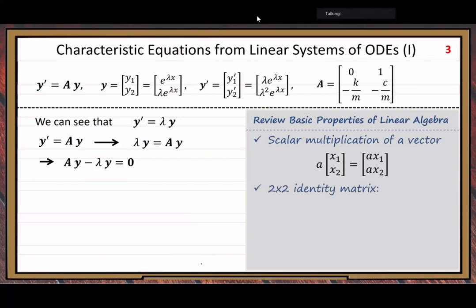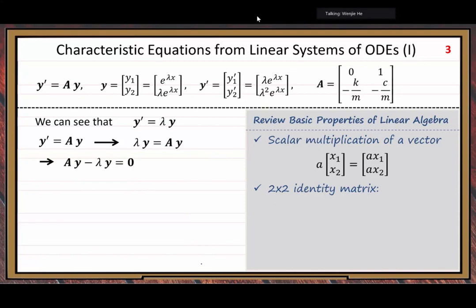To do that, we need to do it in the right way, because the rules we use in matrix-vector multiplication are slightly different.